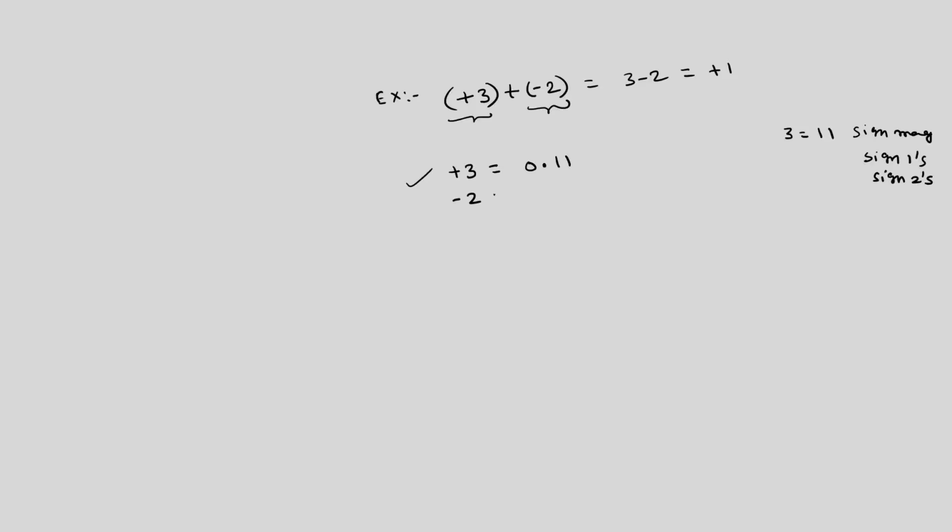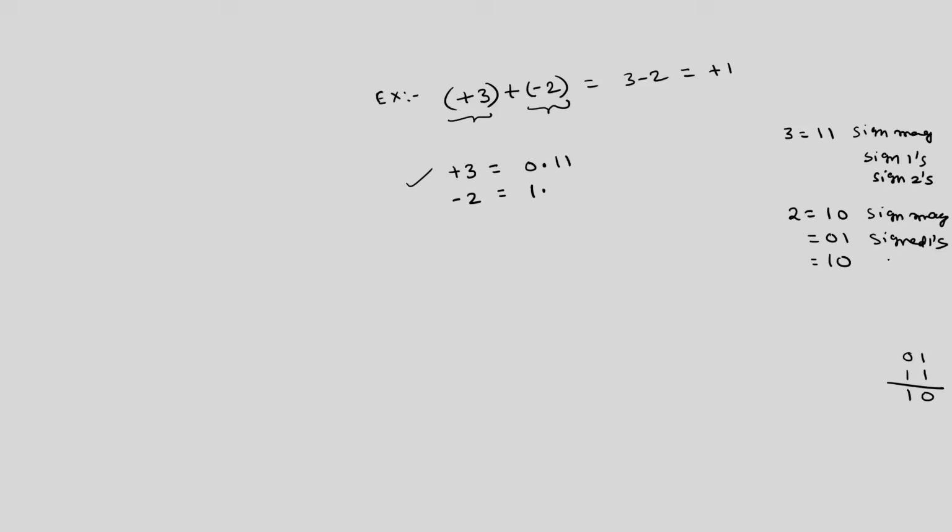Minus 2, this is equal to sign bit is 1 and what is the signed magnitude representation of 2? It is 10 in signed magnitude representation, but because this is a negative number we have 3 different representations. So, this is 0 1 in signed ones and we have to add 1 to this one. So, 0 1 plus 1 is 1 plus 0 is 1 0 1.